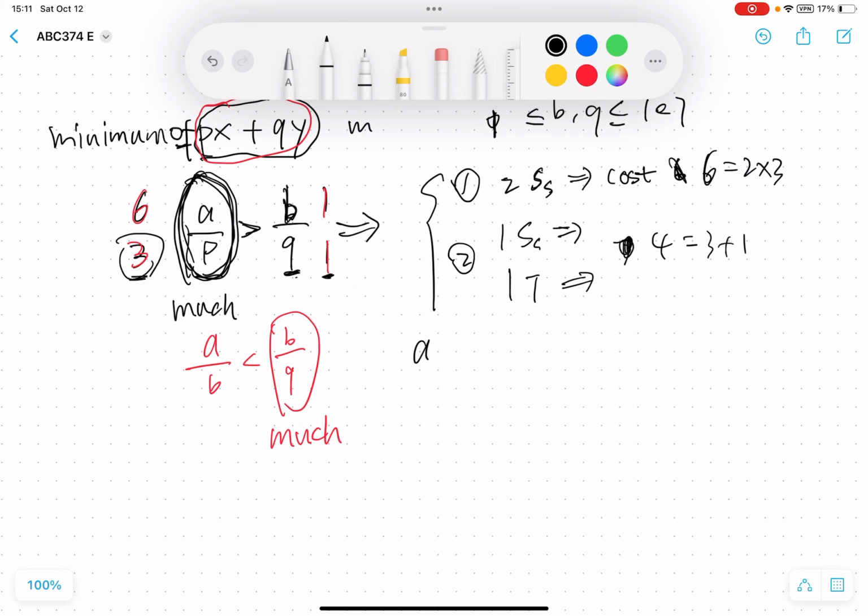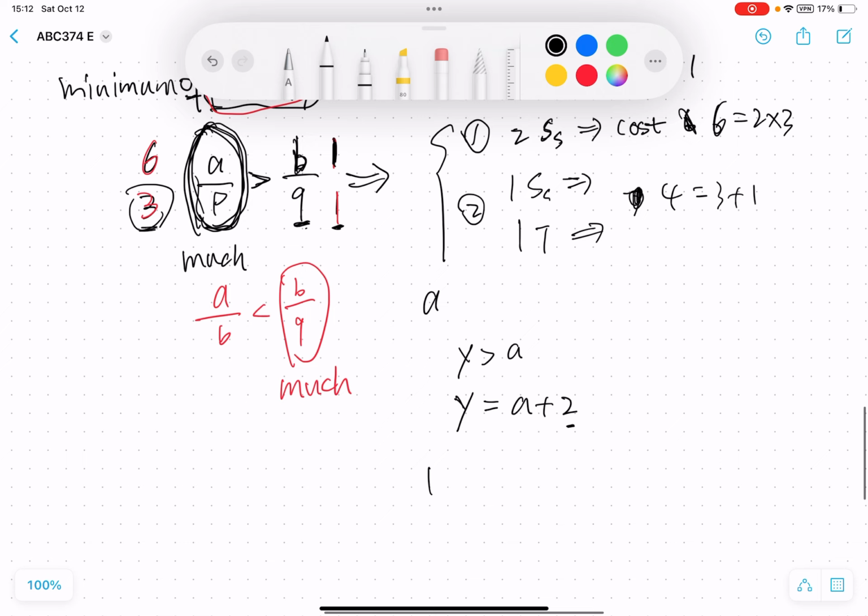If the number of B we should buy is larger than 8, that means we buy Y larger than 8. So we can write Y plus 8Z. This is another constant value.